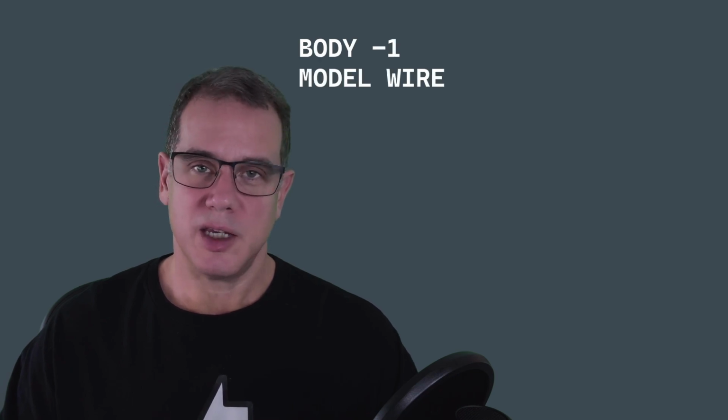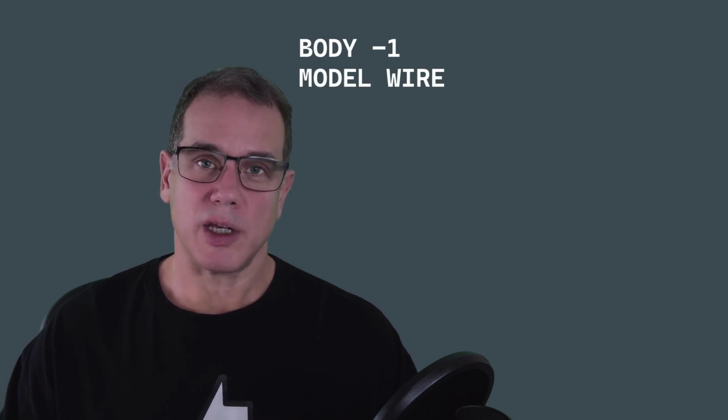We'll wrap this one up there. Now you know how to get rid of unwanted lines between adjacent geometry and how to keep wanted lines between adjacent geometry using the body -1 command and the model wire command combined with the right status codes.